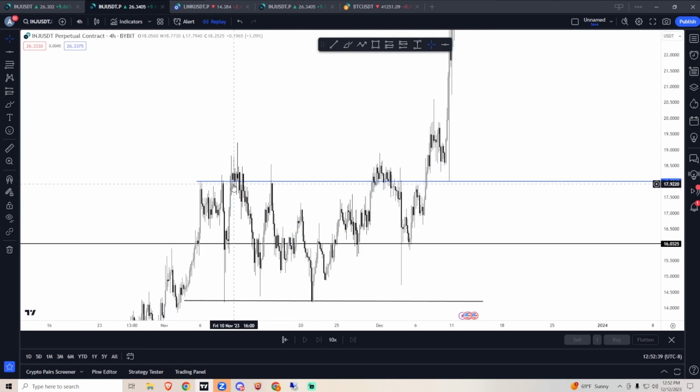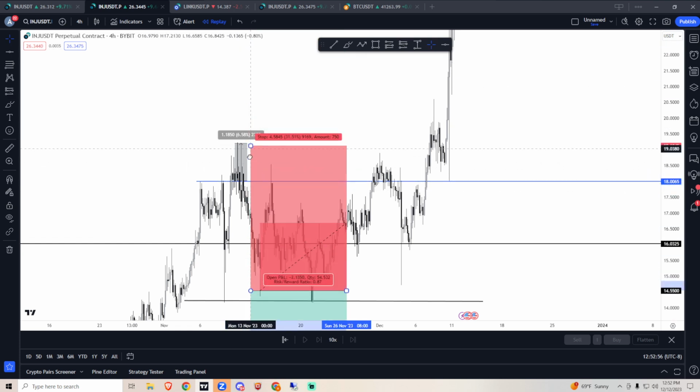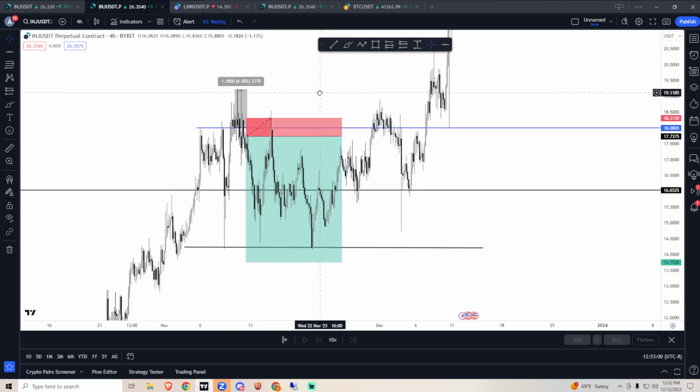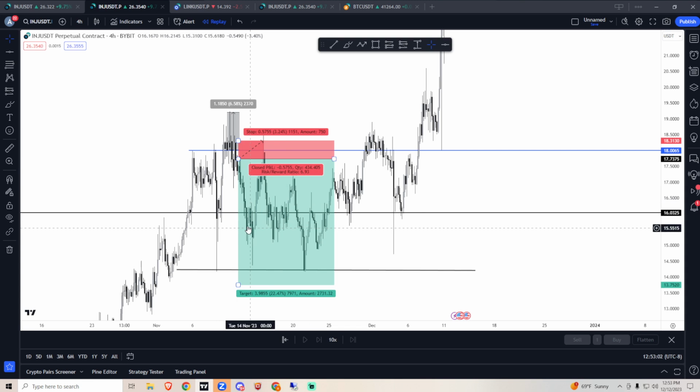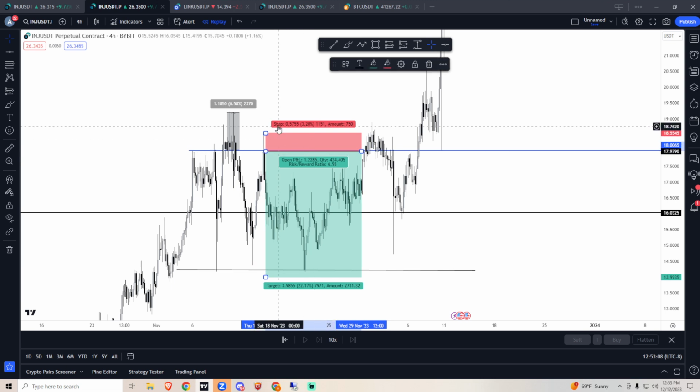It broke out, flipped it to support, ran, broke down, closed below, right? So if you were taking a short there because of the deviation, stops above, right? Came back down, longed here, shorted range highs, stops.